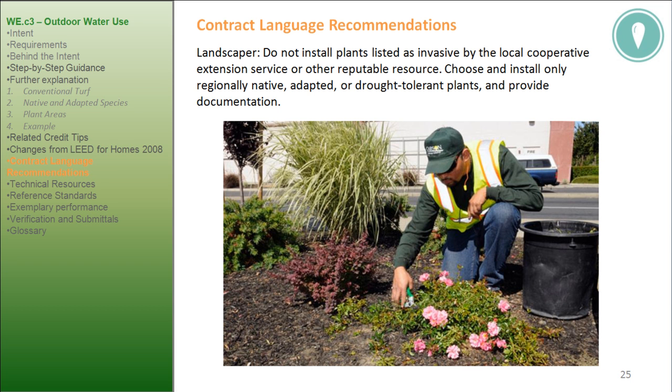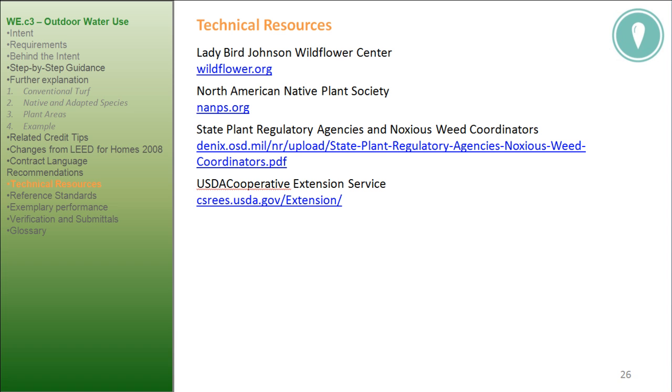Contract language recommendations. Landscaper, do not install plants listed as invasive by the local cooperative extension service or other reputable resource. Choose and install only regionally native, adapted, or drought-tolerant plants, and provide documentation. Technical resources. Lady Bird Johnson Wildflower Center, www.wildflower.org.